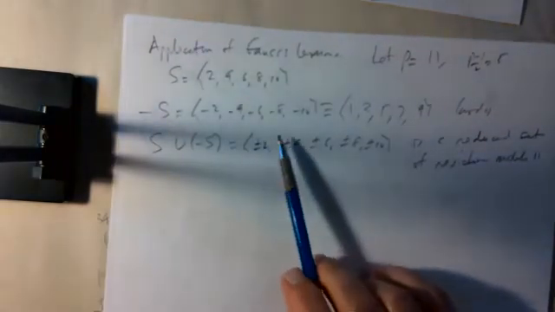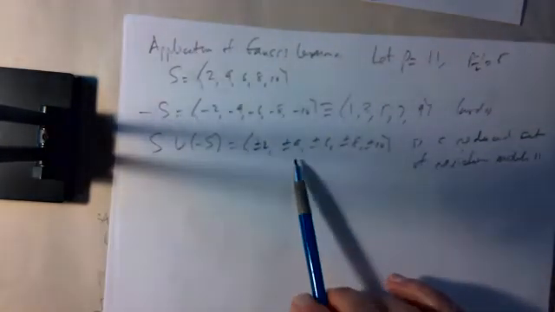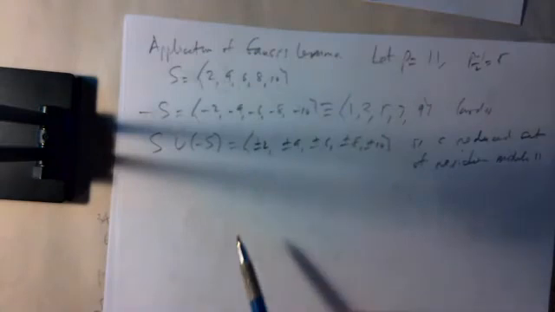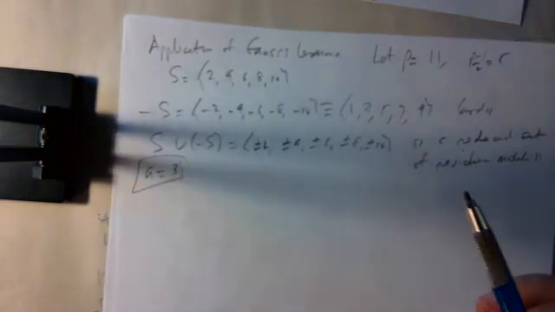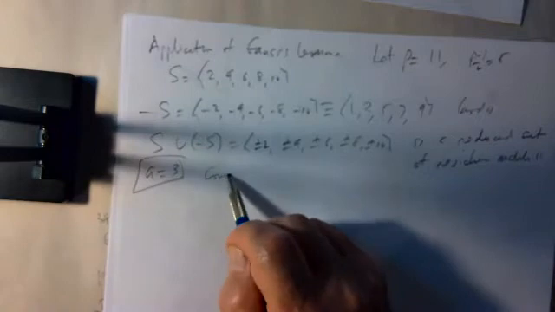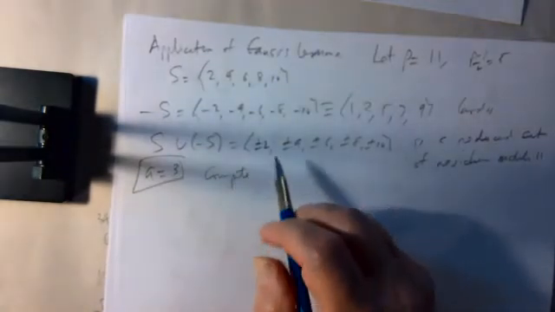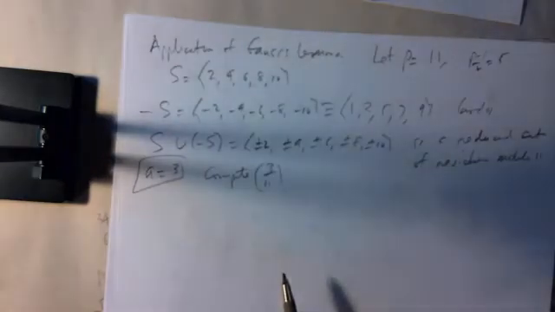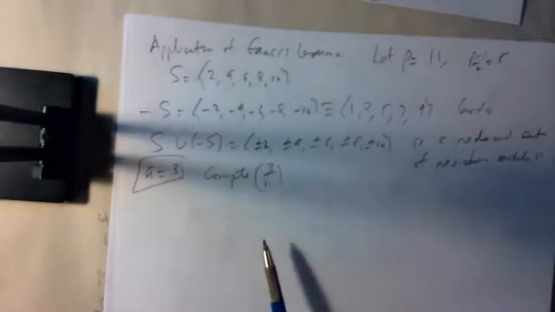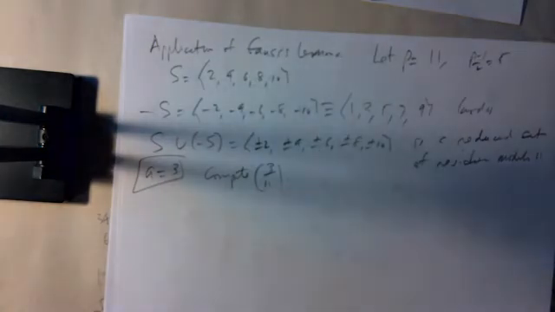Every non-zero number is congruent to exactly one of these. Suppose I take the number A equal to 3. And I want to use Gauss's lemma to compute 3 over 11. That is, I want to figure out the value of this Legendre symbol.